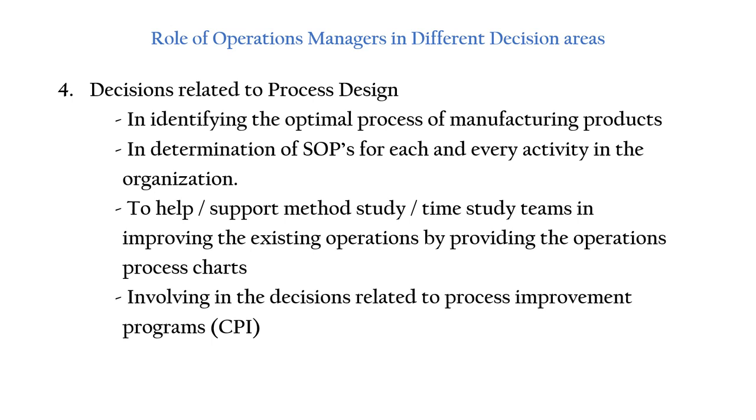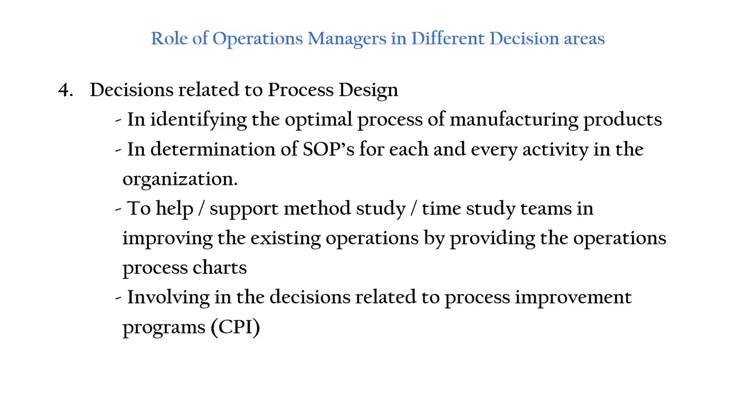So once a process is decided, suppose we want to go for molding and casting, then molding and casting has a standard operational procedure. So first of all we have to identify an optimal process of manufacturing. Then once it is identified, the next step is to determine the standard operational procedure for each and every activity in the organization.